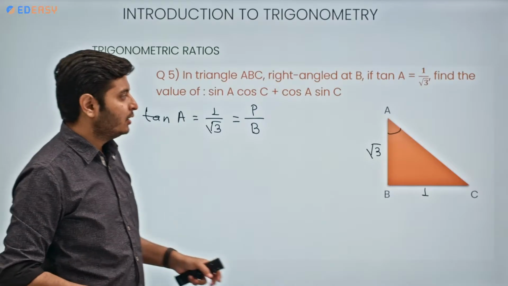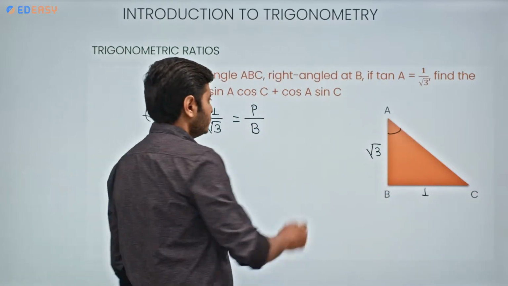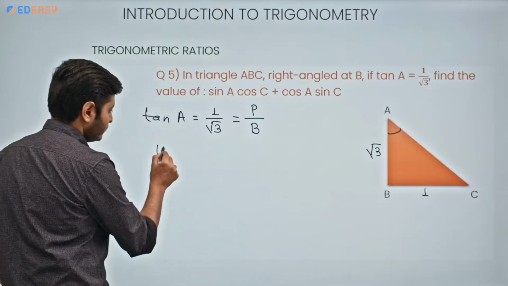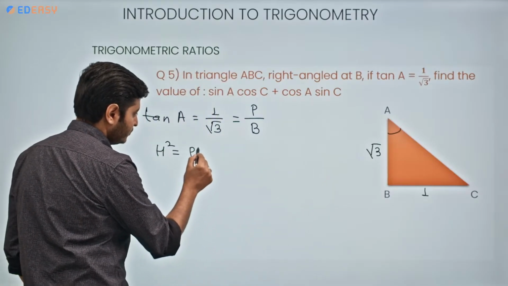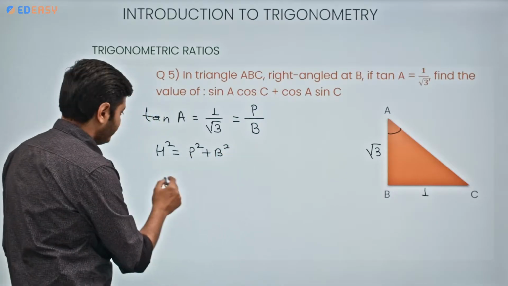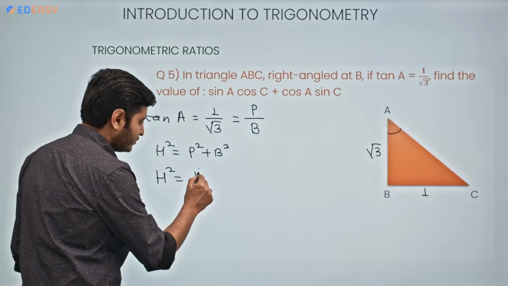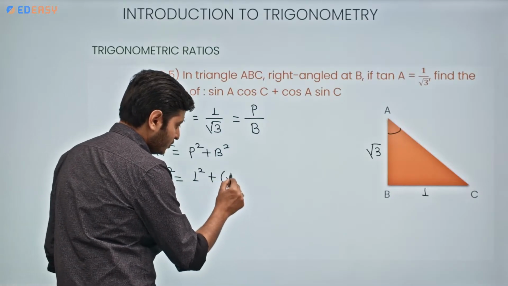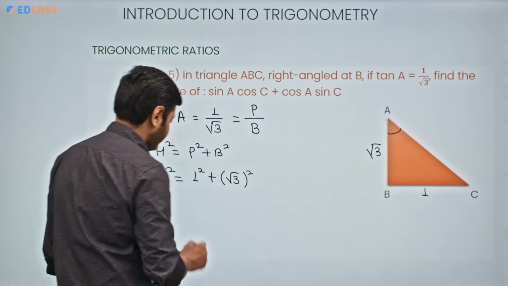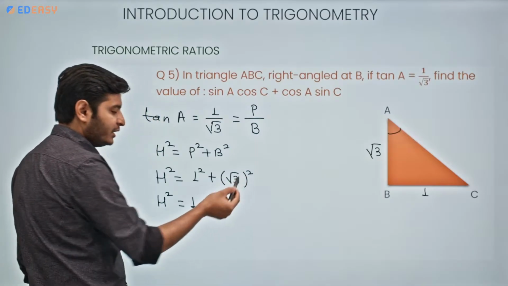Correct? Can we find the value of hypotenuse? Yes. So we can use h square is equals to p square plus b square. Now h square would be perpendicular square 1 square plus root 3 square. H square would be 1 plus root 3 square 3.